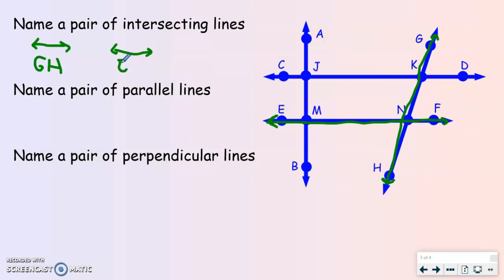So we can see that they are intersecting at point N. So these are intersecting lines. If I look, okay, I can find 4 angles. 1, 2, 3, 4. They're not necessarily right, okay, but they are creating angles and the lines do come together at one specific point.